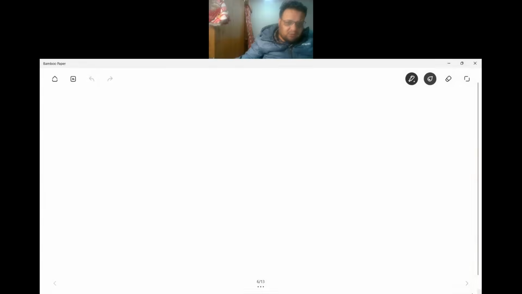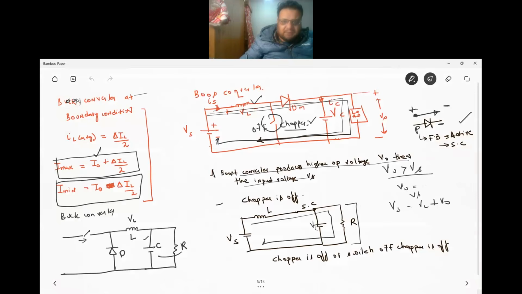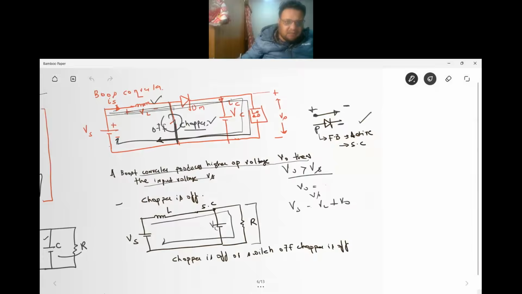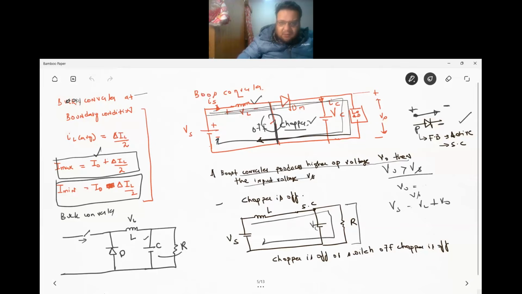Now, if you notice here, when the chopper is on, when you connect the chopper there, the circuit goes like this. Now what is going to happen? The current flows like this, in the reverse direction. Across the diode also, the flow of the current is with the blue color I had drawn, so it is moving like this.